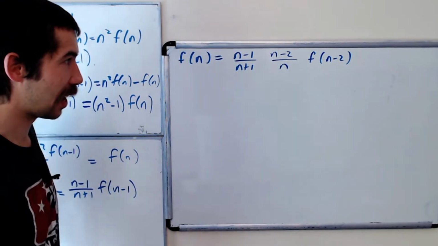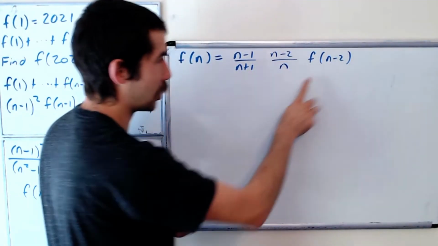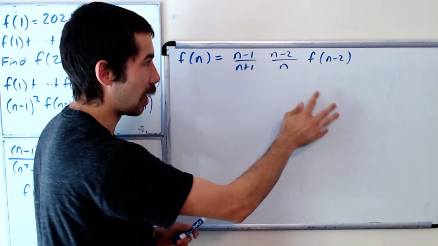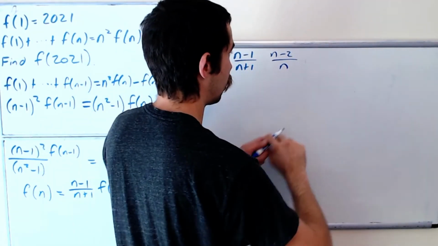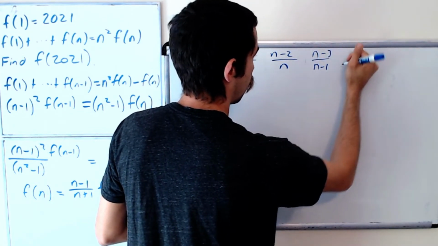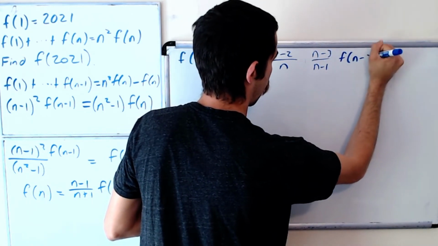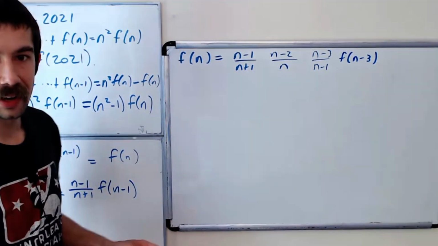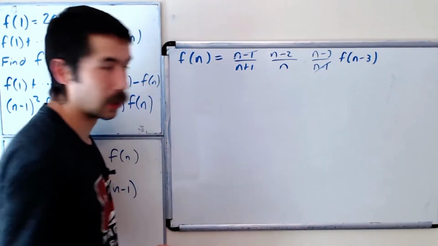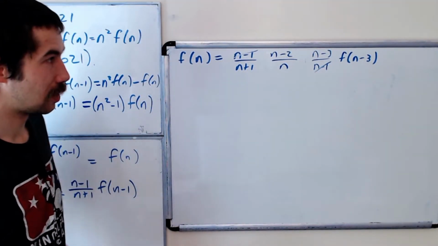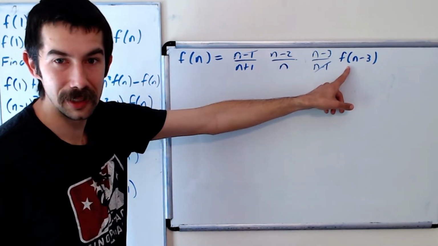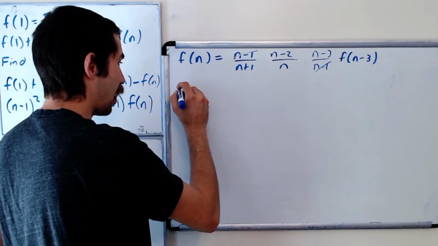Right, and we could do this again, replacing f of n minus 2 with n minus 3 over n minus 1, f of n minus 3. Okay, and you could see terms are going to start canceling out. Right, when we do the next term, this n minus 2 will cancel out with the n minus 2 in the denominator.